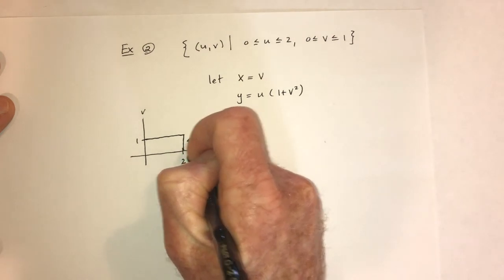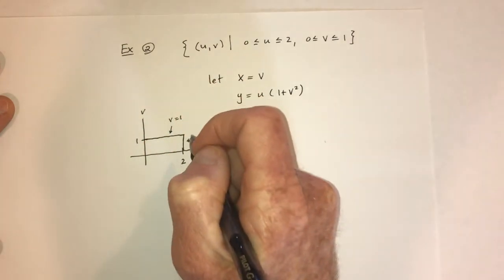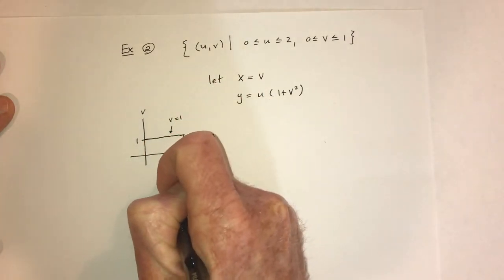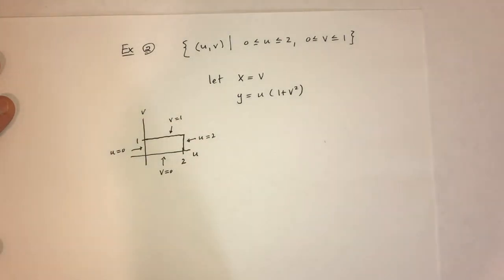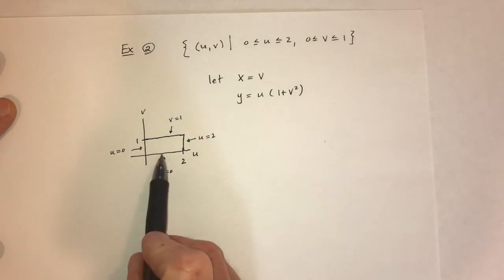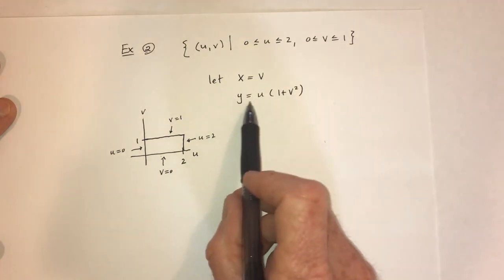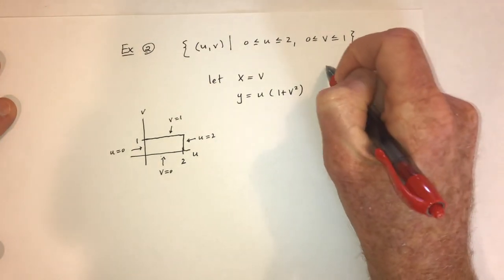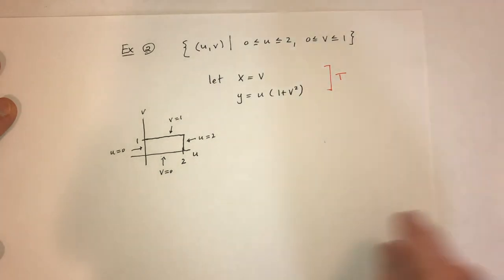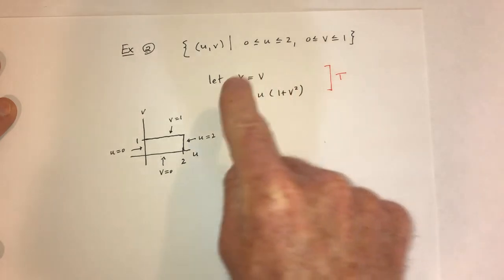So this is the line u equals 2. This is the line v equals 1. This is the line v equals 0. And this is the line u equals 0. So what happens to these 4 lines or 4 line segments if you have this transformation? So just previously I said we have a transformation t. Well, this is the transformation t. So you're transforming between x's and y's to u's and v's, or from u's and v's to x's and y's.